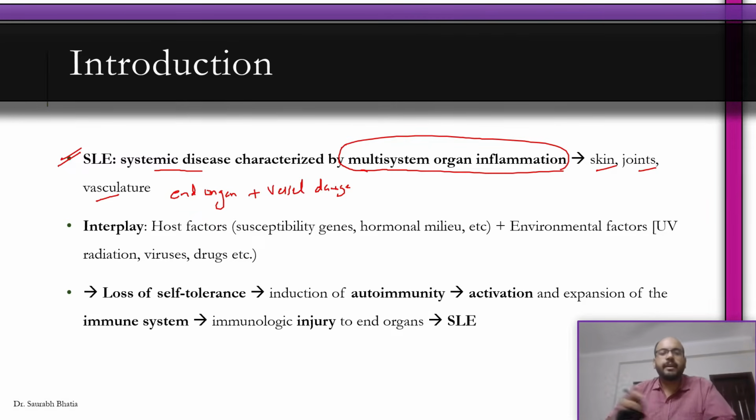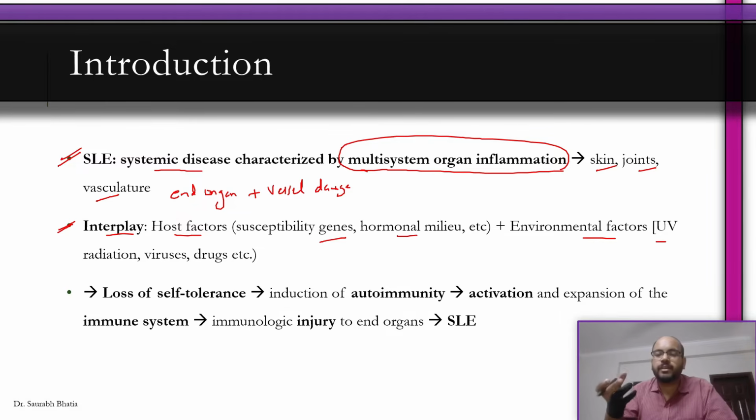Okay. Now, SLE exists because of a complex interplay between host factors like the genetic makeup of the individual and the hormonal milieu, etc., along with environmental factors like UV radiation and other triggers: infections, viruses, bacterial infection, drug intake.